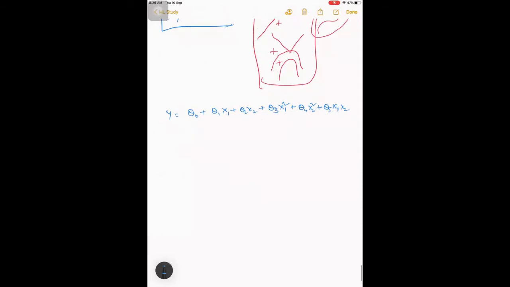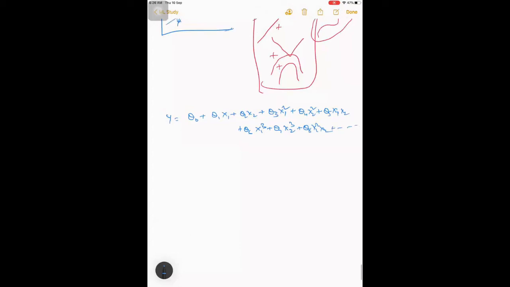You can even have x1 cube, x2 cube, and so on; it can go anywhere. Even with just these two variables you can get a very complex graph, like x1 cube, x2 cube, plus x1 square x2. All these complex terms you will be able to get from this.